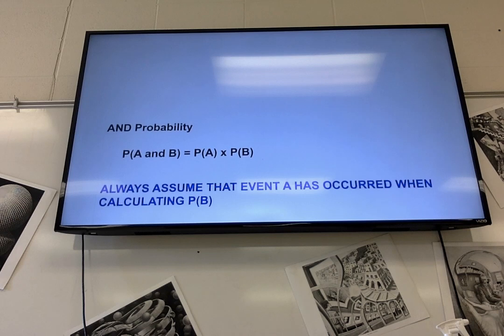Okay, here's something important. Always assume that event A has occurred when calculating probability of B. So whichever probability you're looking for first, that one's already happened before you find the second one. It's very important. Now, and's going to involve more than one thing.